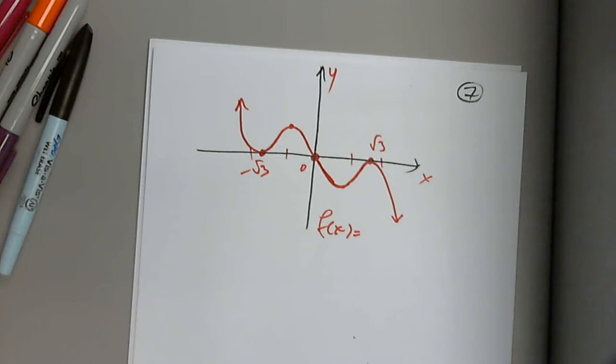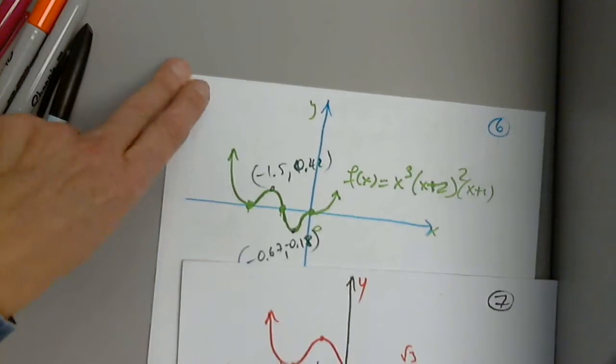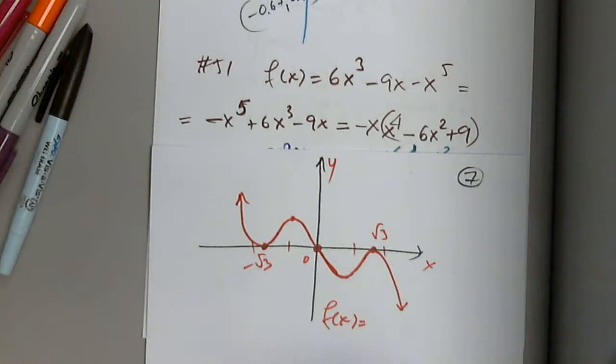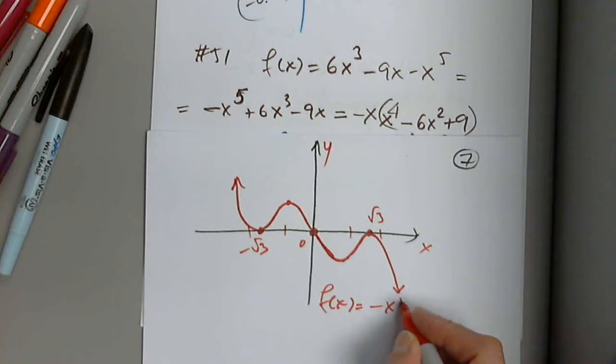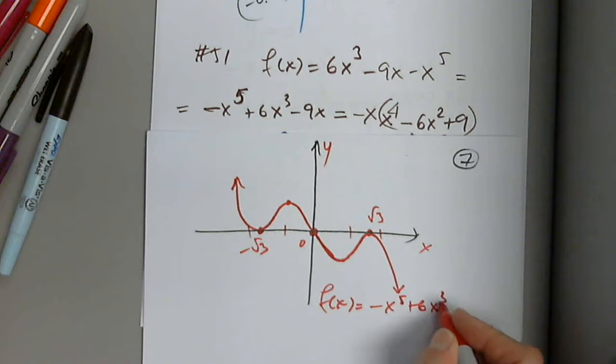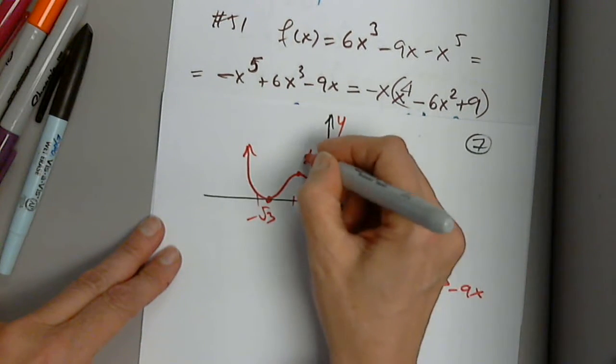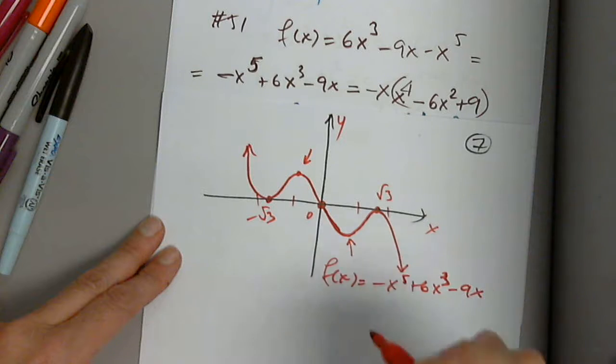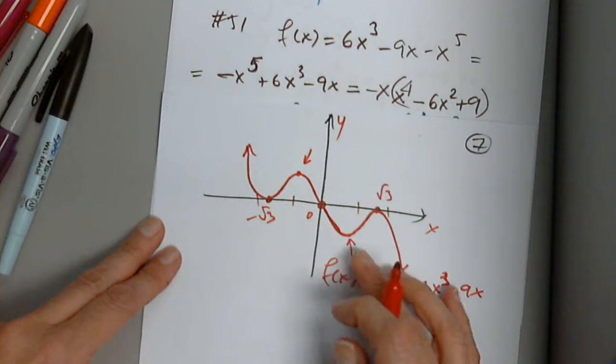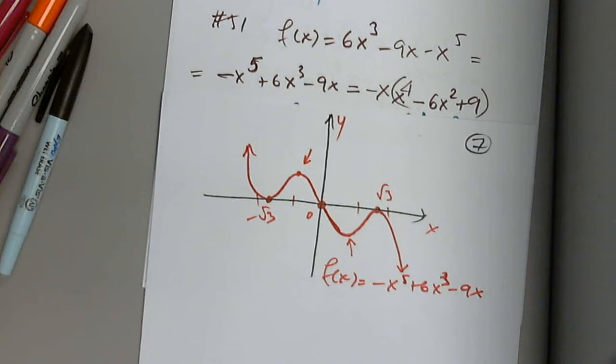Whatever that was, like 5 pages earlier or so. Oh, right here, my pages are underneath. So this is f of x, negative x to the 5th plus 6x cubed minus 9x. With the graphing calculator, I will determine this local max, but I will not determine this local min with the graphing calculator. I will just figure it out because the function is symmetric.